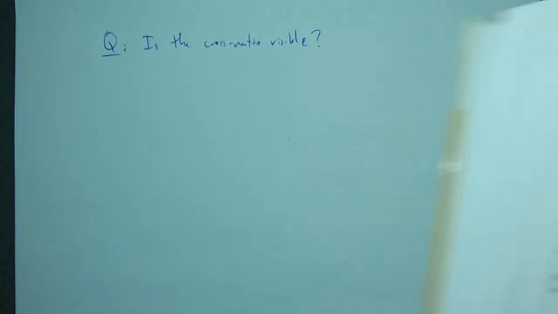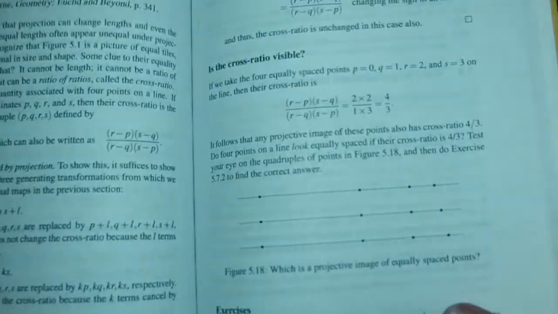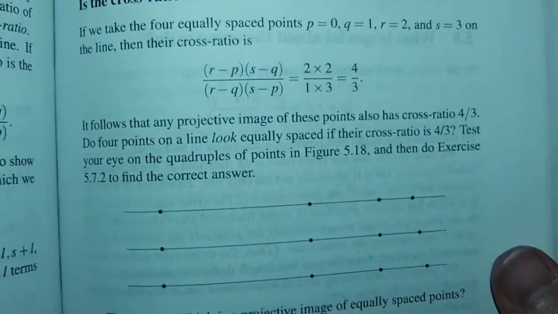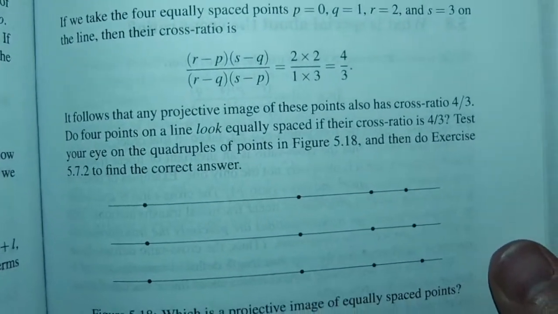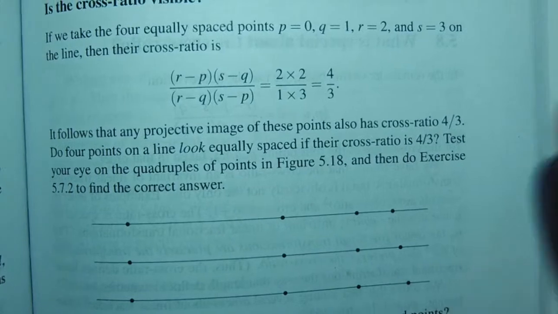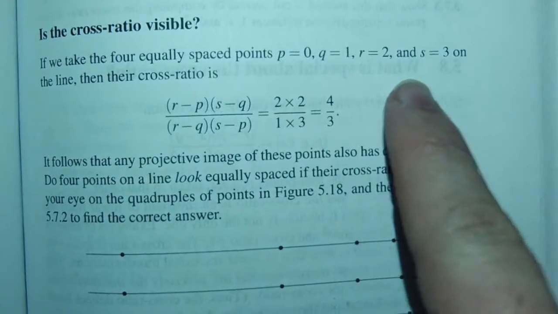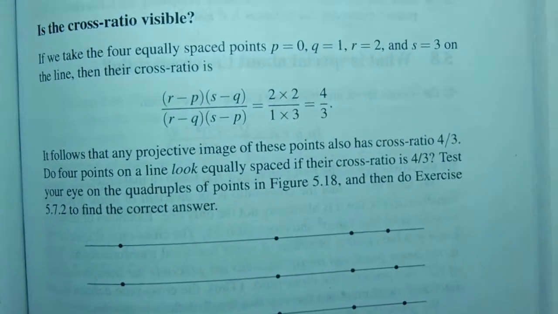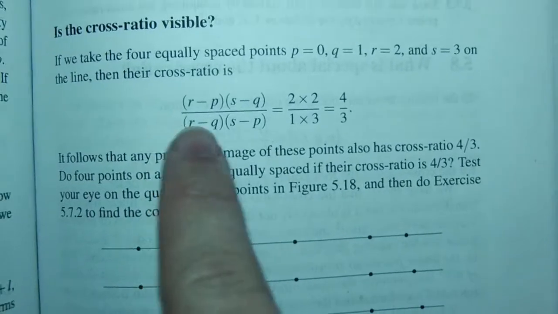Well, there's a nice question that you're going to do in your next homework set. If we take 4 equally spaced points, so p equals 0, q equals 1, r equals 2, and s equals 3 on the line, then compute the cross ratio.